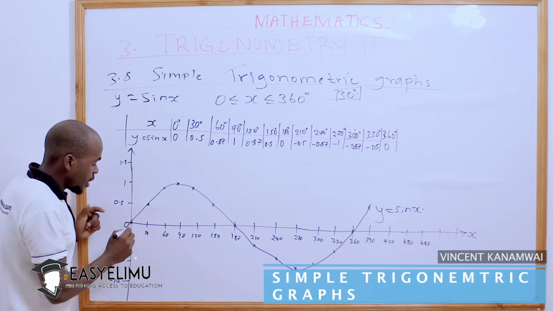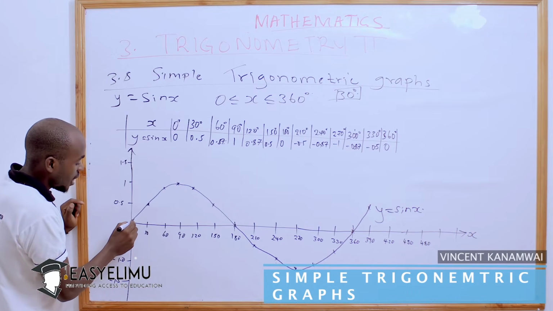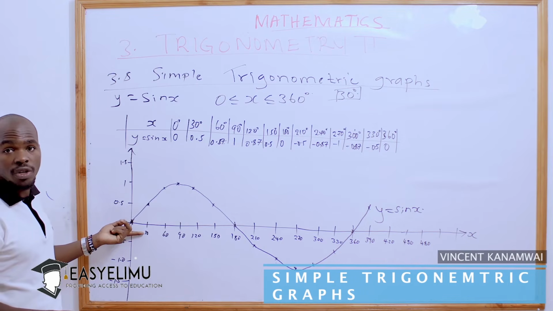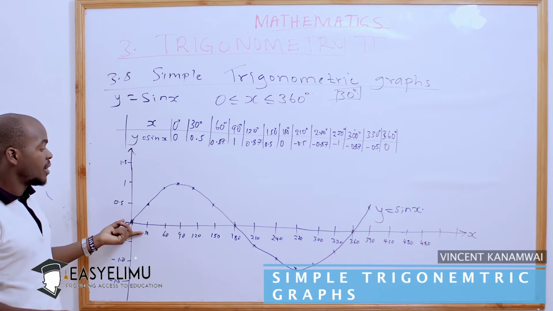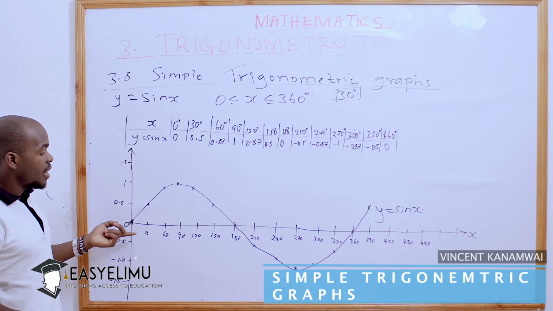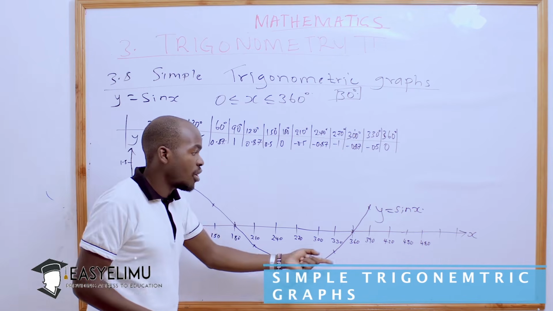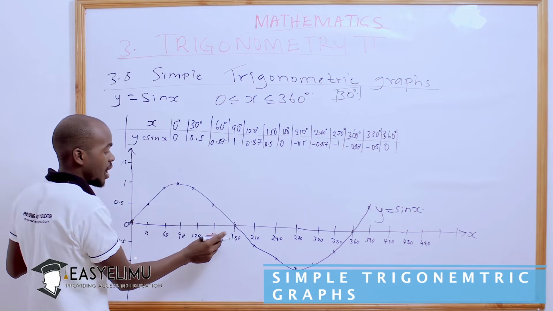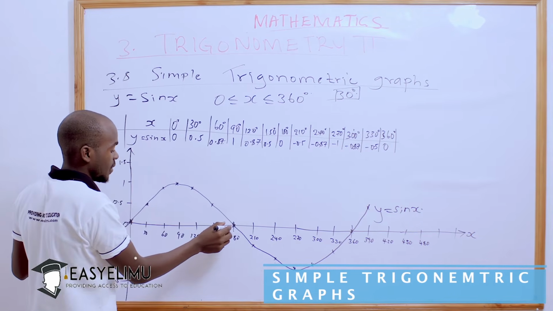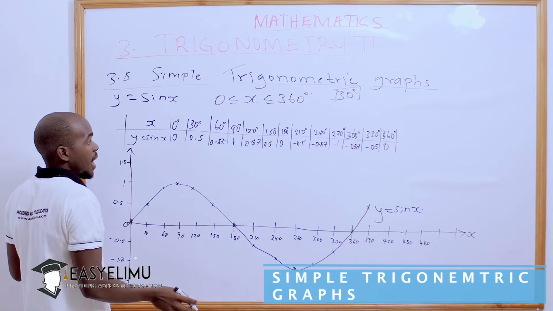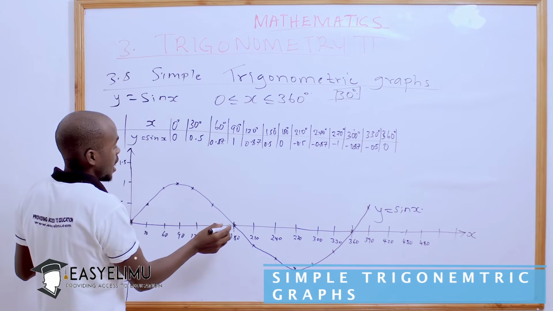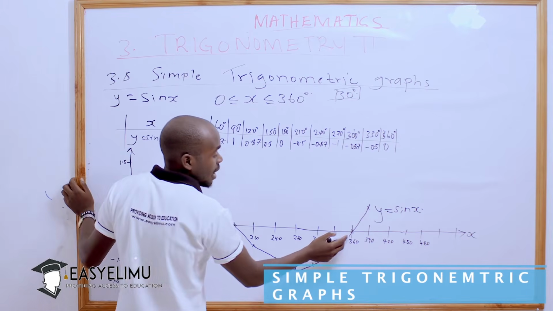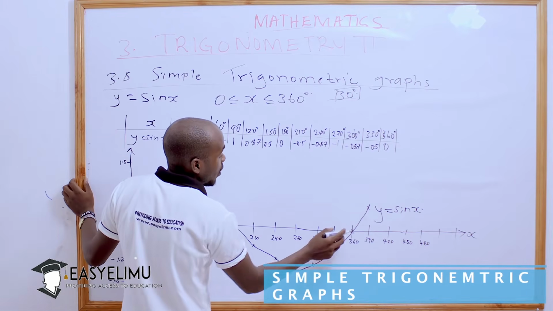You find that it originates from 0, starting at 0, 0, so it starts at the origin. At 180 degrees, y equals 0, and also at 360 degrees, y equals 0.